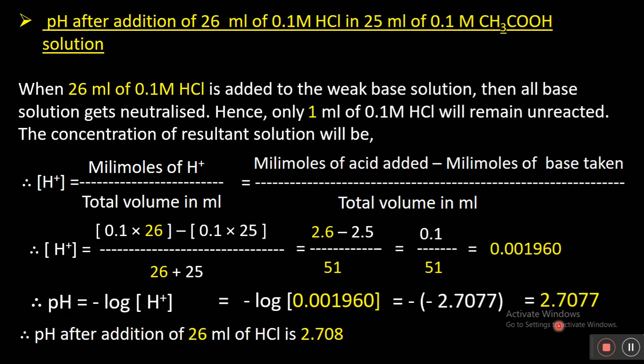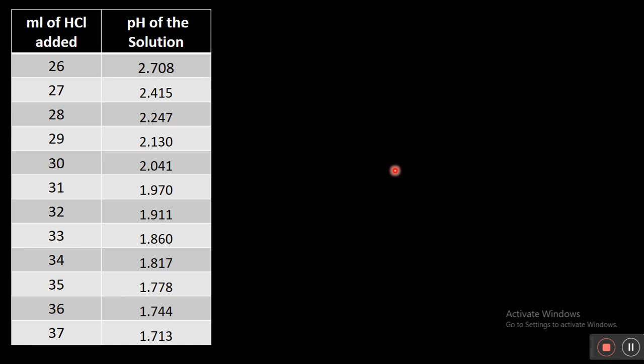Now, pH after addition of 20 ml will be 2.415, at 28 it will be 2.247, at 29 it is 2.130. If I go on adding up to 37 ml, then the pH of the solution at 37 ml will be 1.713.